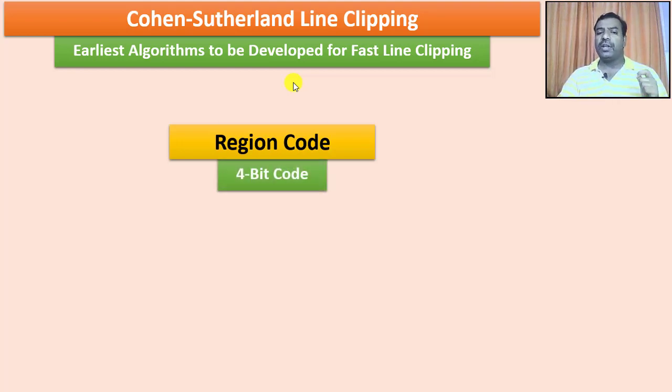Hence the region code, whatever we are going to use with the algorithm, is going to be a 4-bit code. So just imagine a binary number which is made of 8 bits or 16 bits or any number of bits. But right now we'll focus on the 4 lower bits.